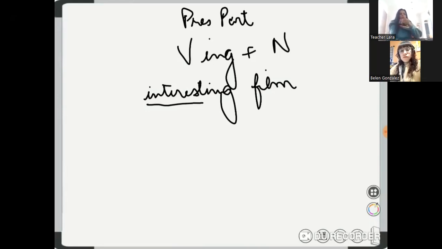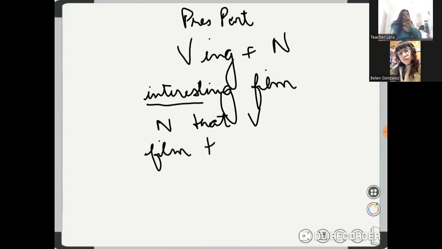Now, how do we interpret this idea? Well, to interpret it, we should put first the noun, that, and then the verb that we have in the phrase. That is, in this case, it would be a film that interests. And this is the meaning of an interesting film. Pre-modifier present participle, head noun.